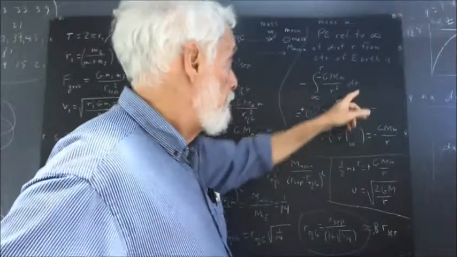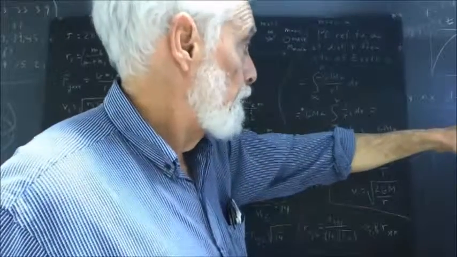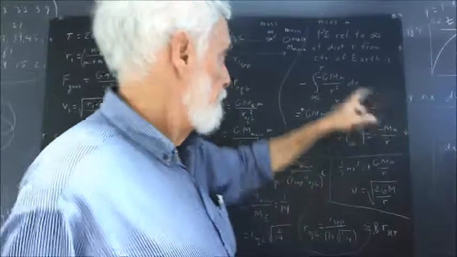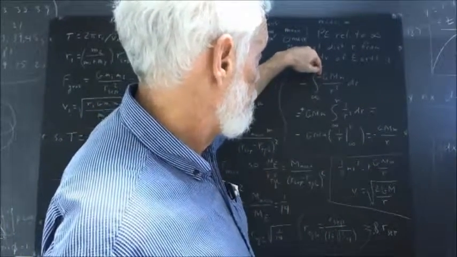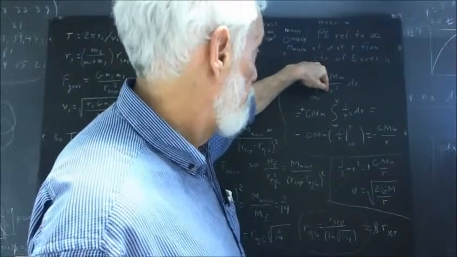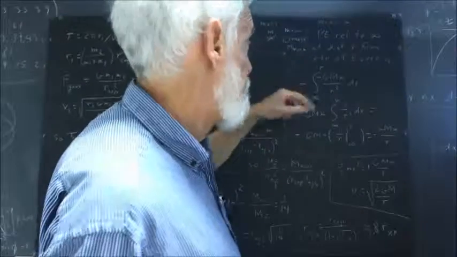Now, if r is increasing as we go away from Earth, then the force exerted by gravity is in the opposite direction. So if dr is positive, the force exerted by gravity is negative big G big M little m over r squared. And the change in potential energy is equal and opposite to that.